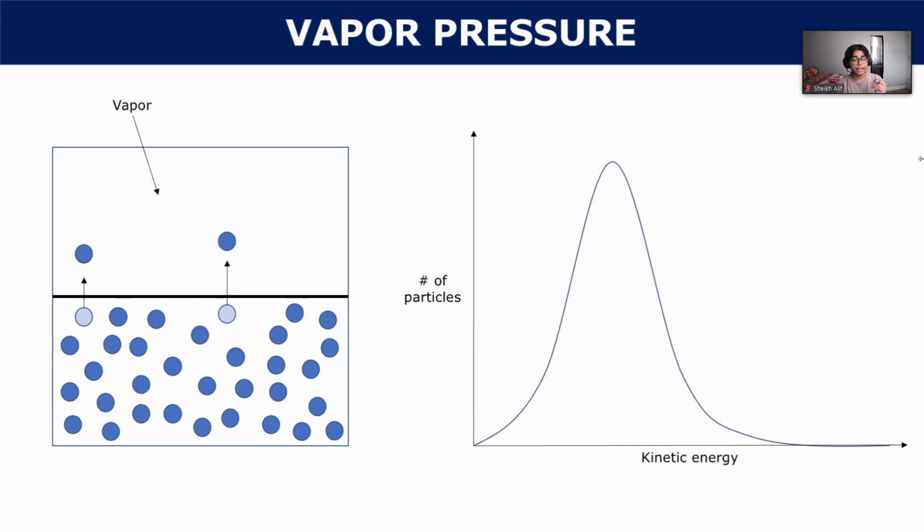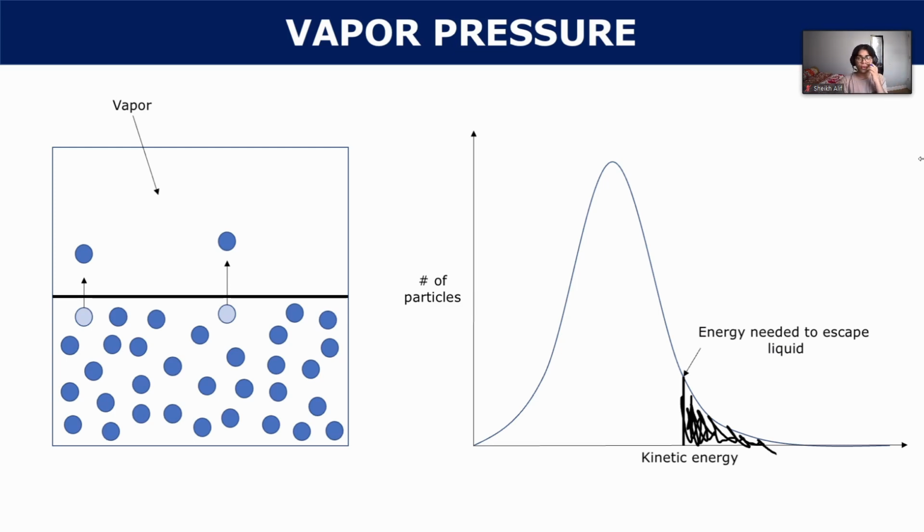So if we take a look at the kinetic energy graph, and we say about that much kinetic energy is required to escape the surface, then the particles that are at the surface that have that much energy or more, the particles that are over here on the graph, they're going to have enough energy to jump up above the surface and become this vapor.